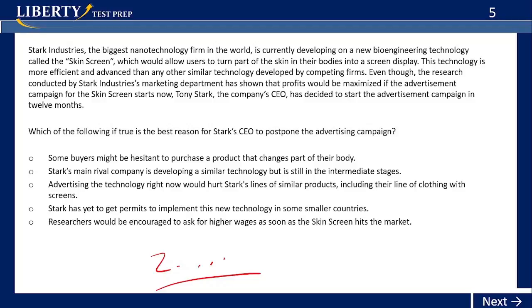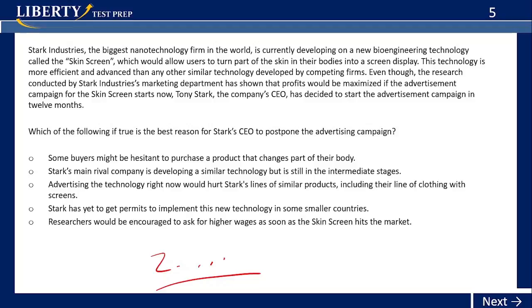So let's read the whole story. Stark Industries, the biggest nanotechnology firm in the world, is currently developing a new bioengineering technology called the skin screen. Okay, that's a weird and sexy name, right? Which would allow users to turn part of their skin in their bodies into a screen display.